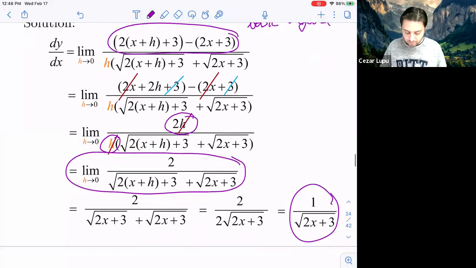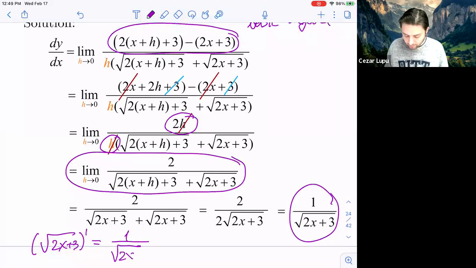So the derivative, we're going to write it like this, 2x plus 3 prime is nothing else than just 1 over square root of 2x plus 3. So that's the derivative of this guy.